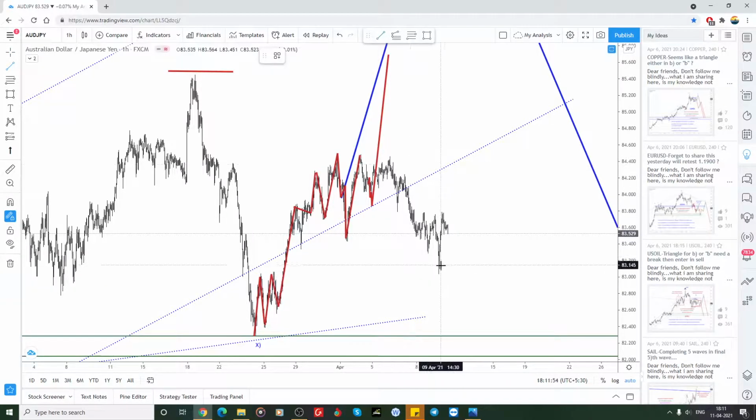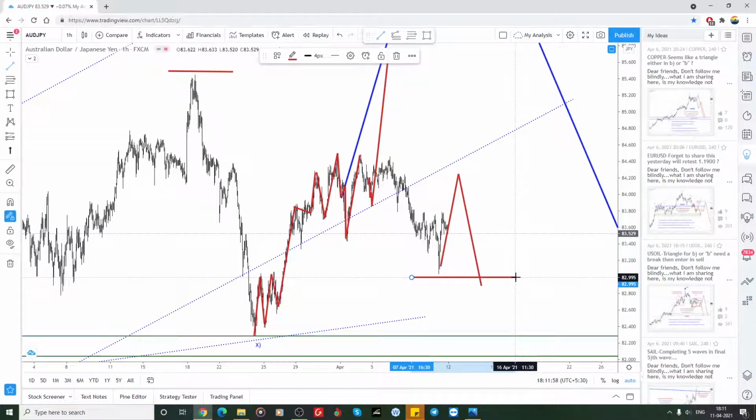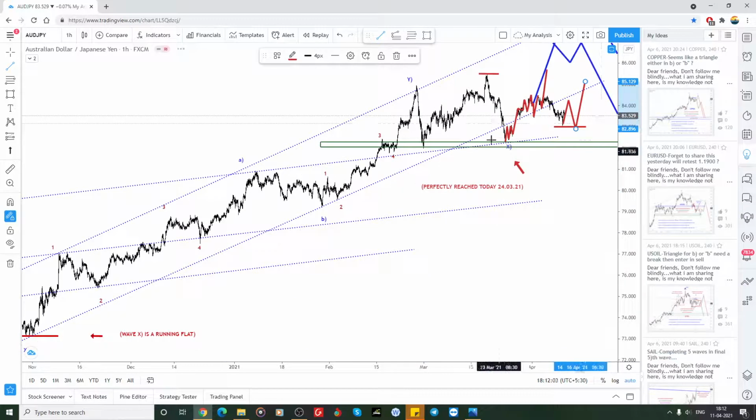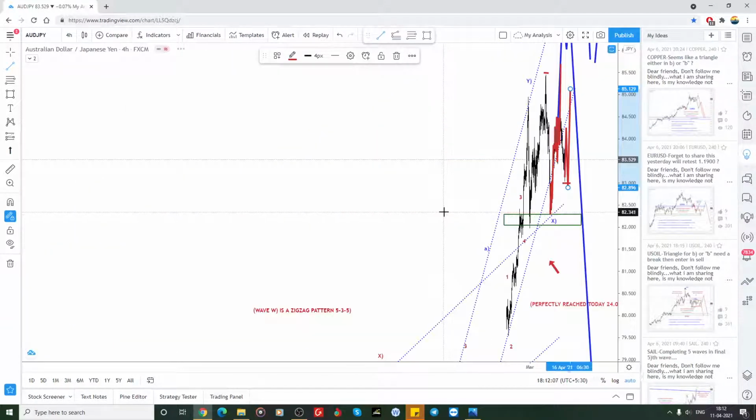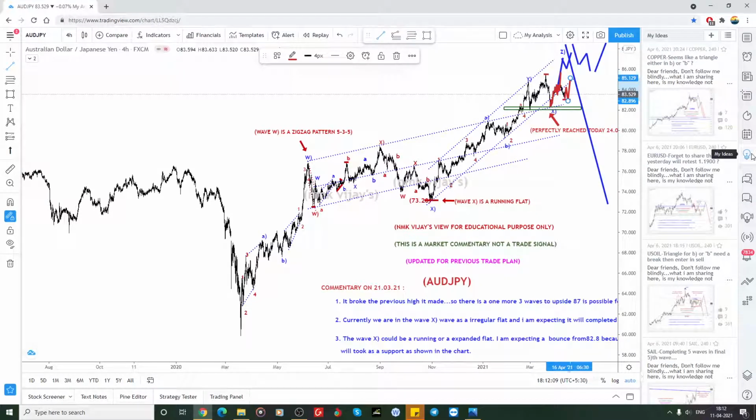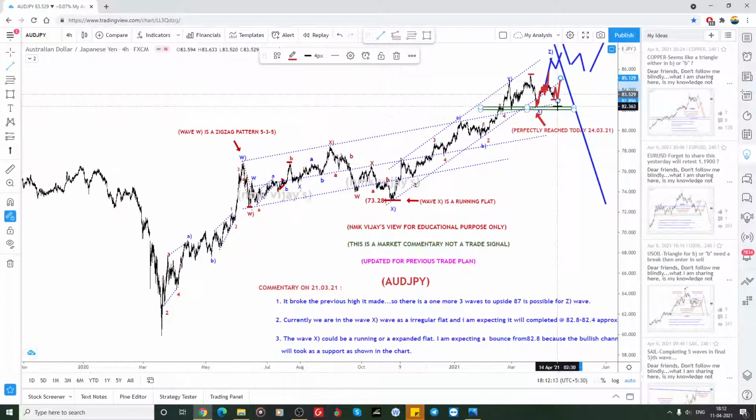So whether it is going to make something like this, again it can shoot up. Otherwise we have to wait, because if the Australian dollar is weak and the Japanese yen is also weak, then both currencies are weak, which means this kind of price action can happen here.